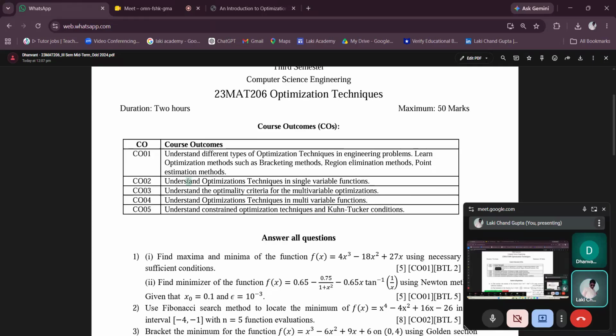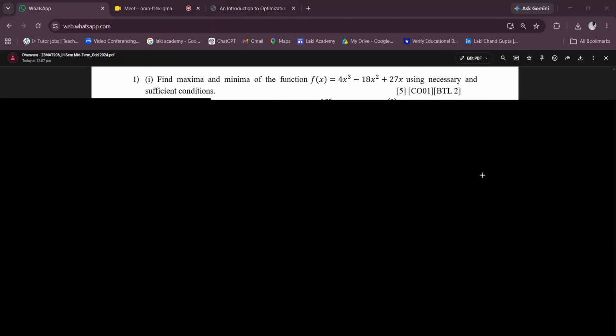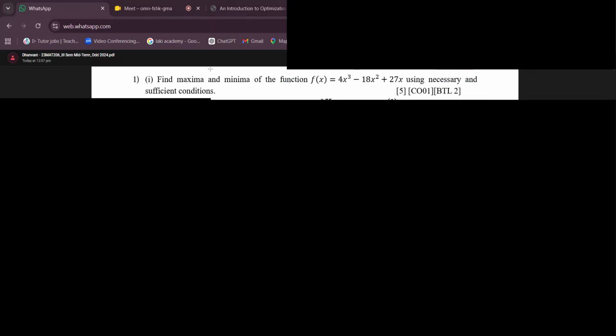See this question. Find maxima and minima. Question number one from your question paper. So you have to find maxima and minima.